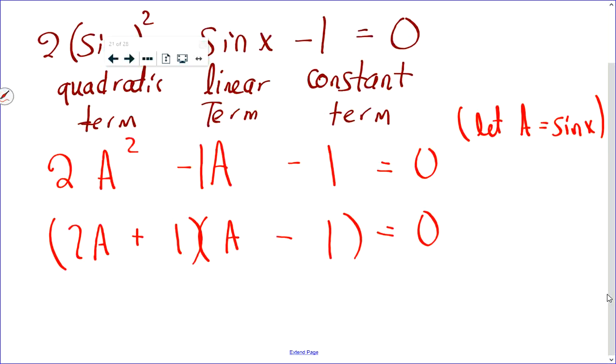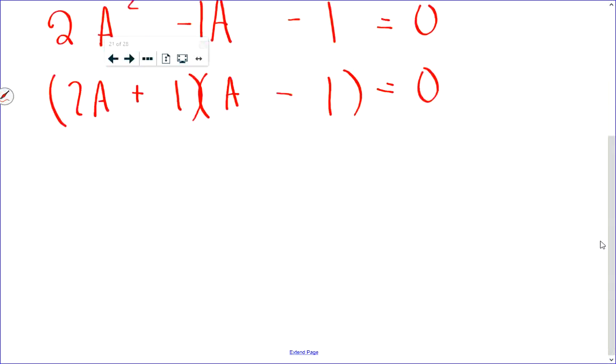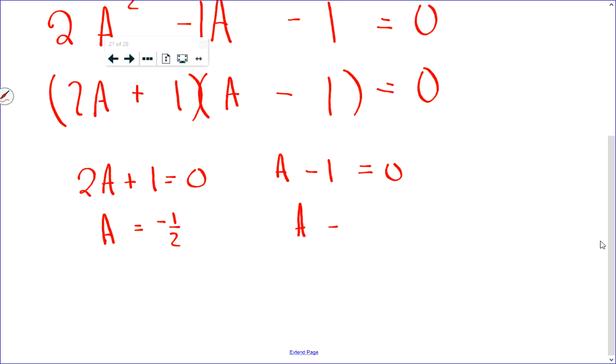So what does that mean? It means that in this first example, 2a plus 1 equals 0, and a minus 1 equals 0. So a equals negative 1/2, and a equals 1.